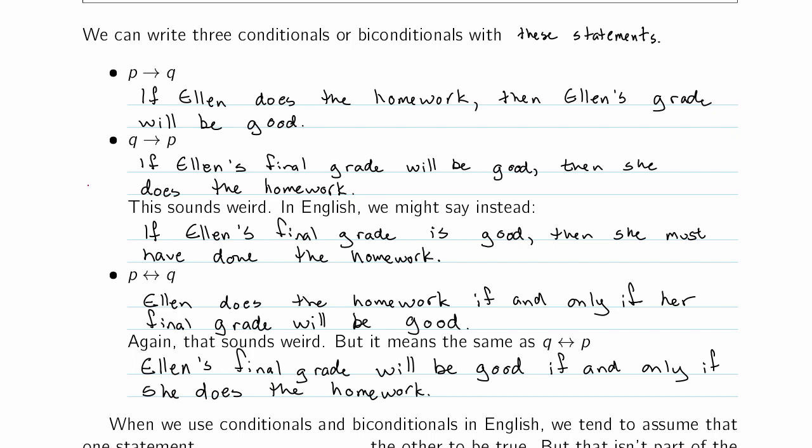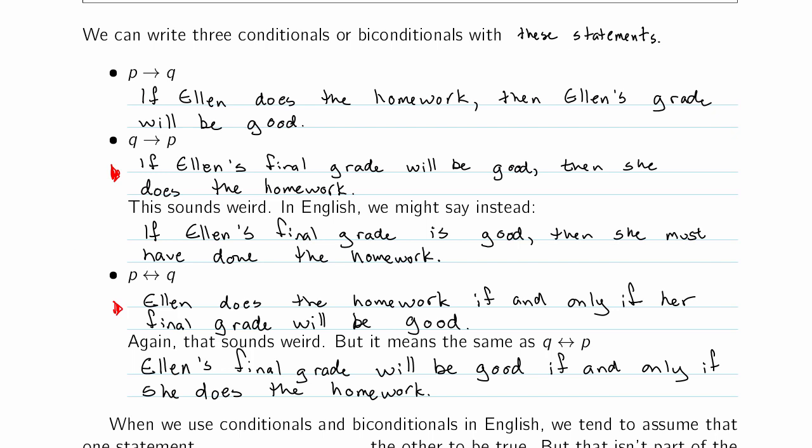So why is it that this sentence and this sentence sound so weird? Well, in this story, we feel like it's probably doing the homework that causes Ellen's good grade.